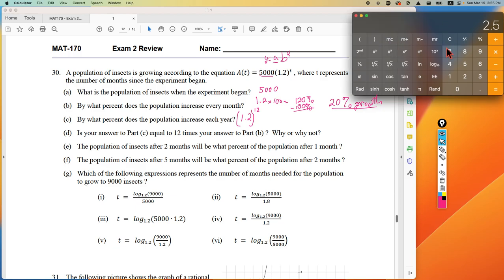So let's take a look at what that would give us. 1.2 x to the y, and then we raise it to the 12th power. It's going to be 8.92, just 2 decimal places.